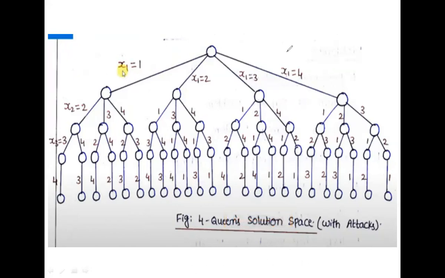Yesterday someone asked, so I am once again repeating the concept. Here x1 means queen 1. This part we represent as queen 2.